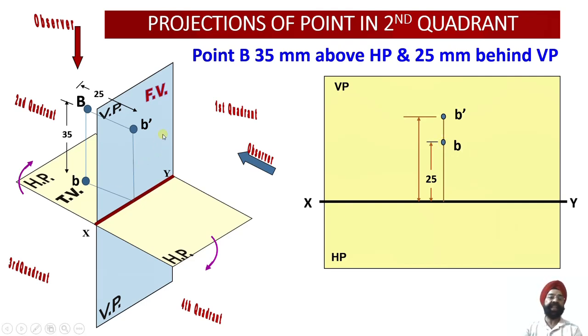Now had the distances been equal, B and B dash would have overlapped there. And let us say if we inverse these two distances, let us say we assume that the point happened to be 35 mm behind VP and 25 mm above HP, then these two points would have also reversed over here, because this distance would have become 25, so this would have stayed over there, and this distance would have become 35, so B dash would have come and B would have come above the B dash.